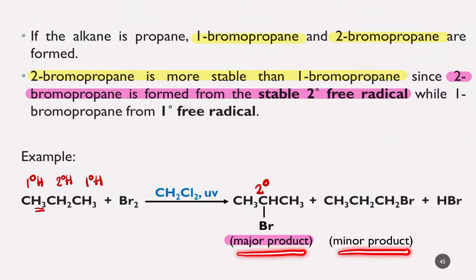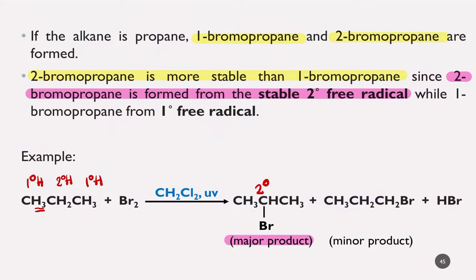The difference is that the major product here, 2-bromopropane, is actually more stable than 1-bromopropane. Since 2-bromopropane is formed from a stable secondary free radical, while 1-bromopropane is from a primary free radical.